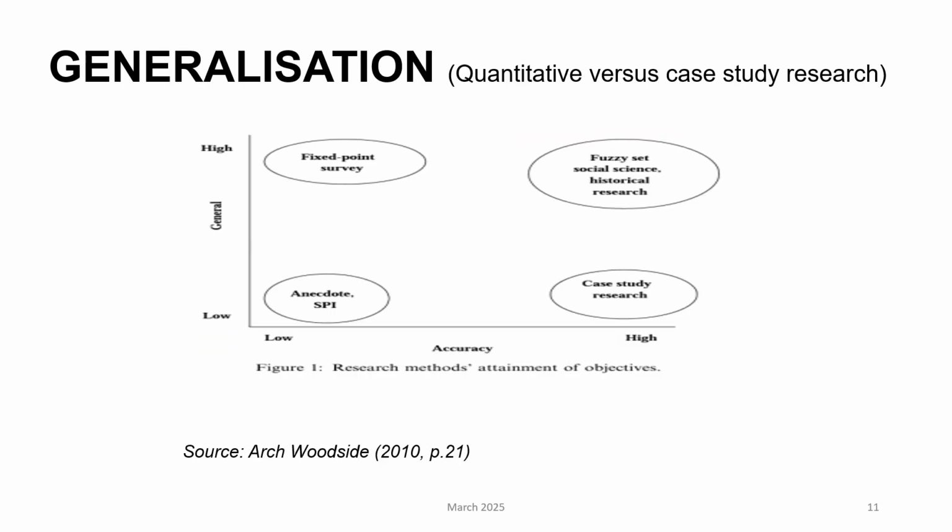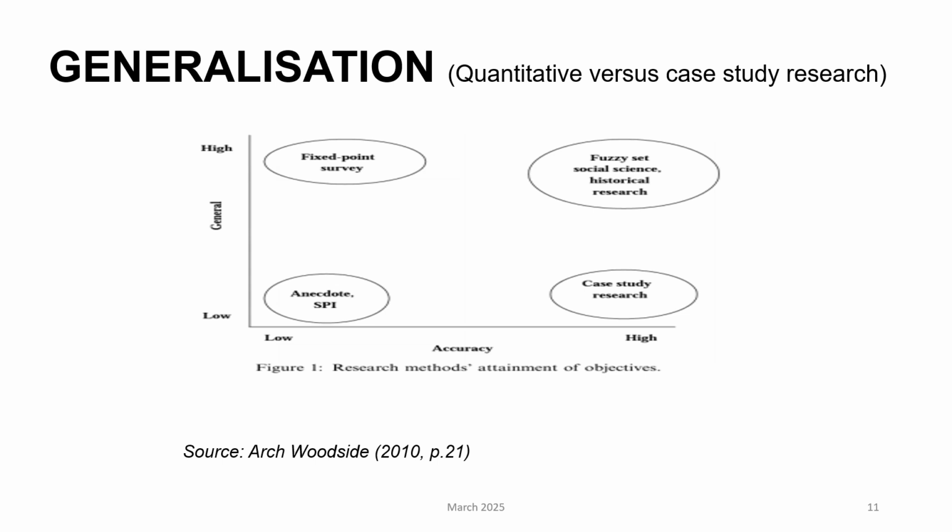This figure shows the difference in generalization between quantitative survey and case study research. As you can see, on the x-axis we have the accuracy, and on the y-axis we have the generalizability of the research.